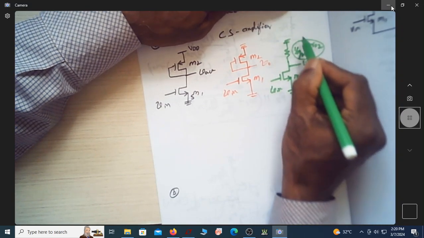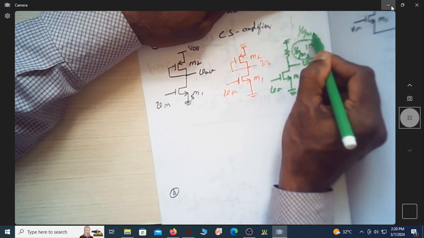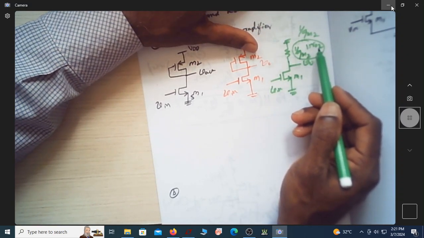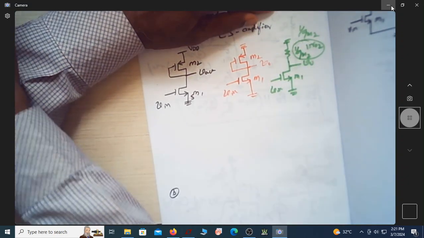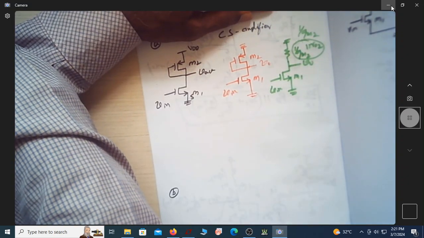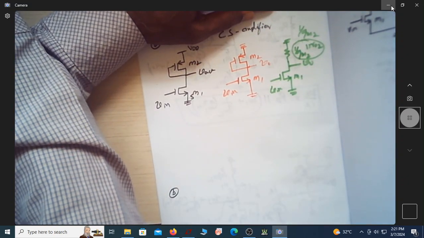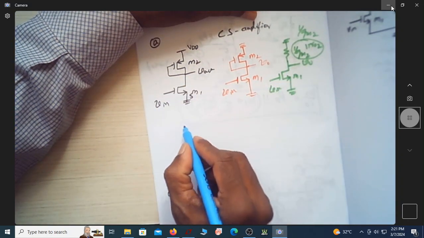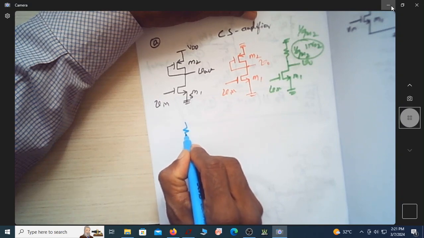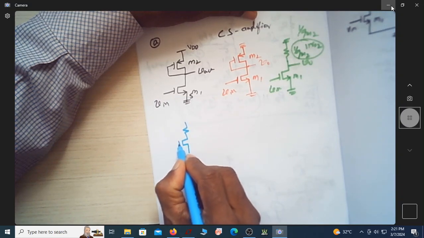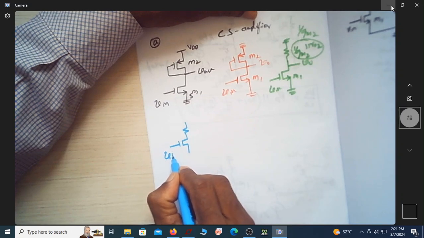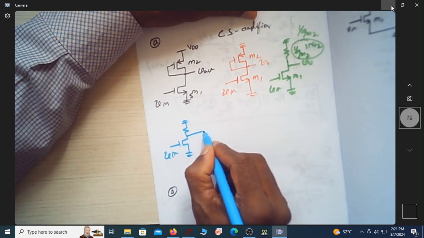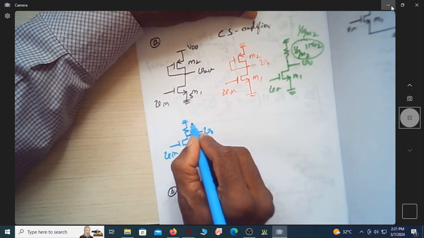You can effectively write this as equal to 1 over gm2, because 1 over gm2 in parallel with r02 is very close to 1 over gm2, as its resistance is very small compared to r02. So now I can replace it by something like this. Vin is AC grounded, so this is my V0.